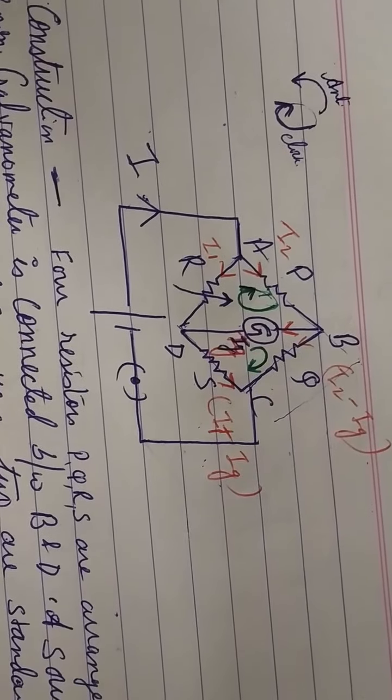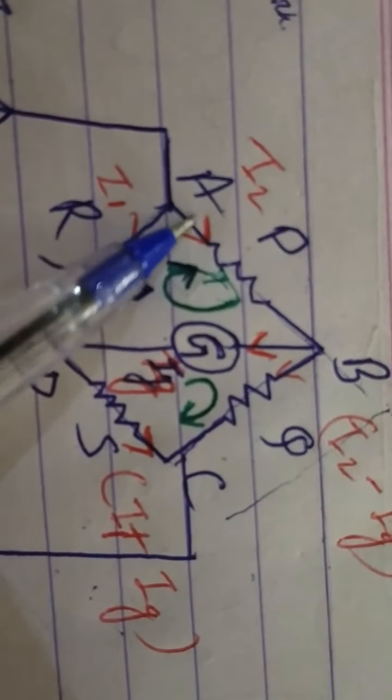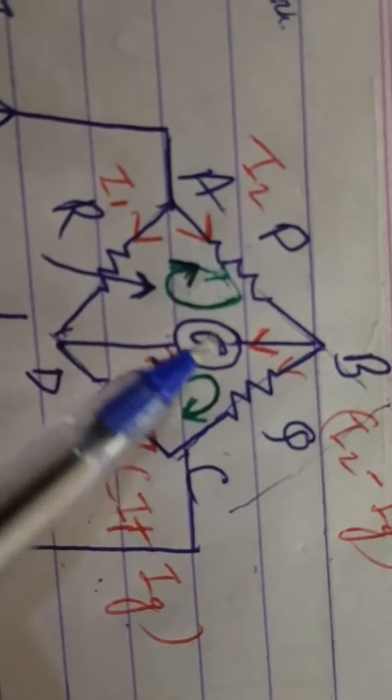Now apply the KVL rule. Here the direction of current and the direction of calculation are both the same, so we have to take it negative, V equal to IR. So minus I2 into P. Here also the direction of current and direction of calculation are the same, negative. But here the direction of current and direction of calculation are opposite, so we have to take it positive.